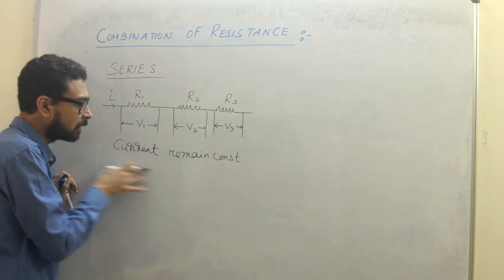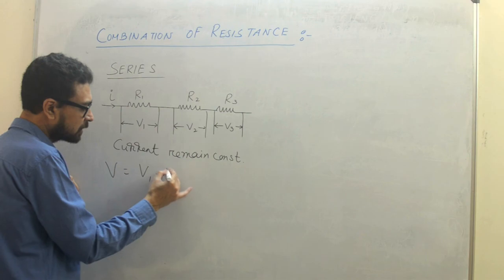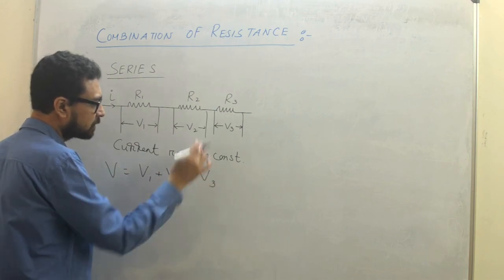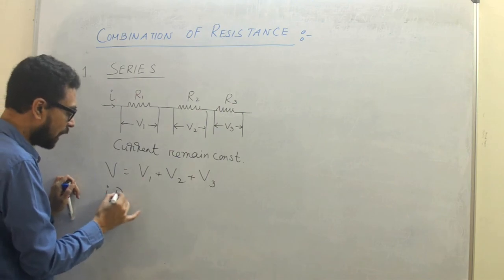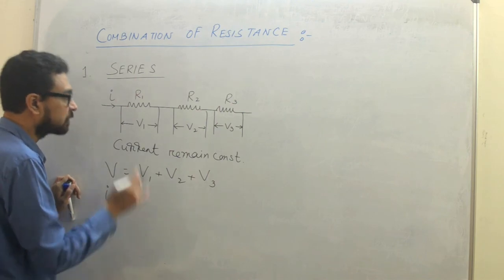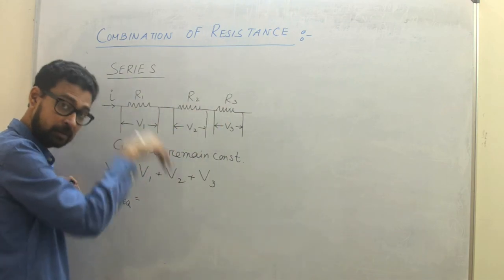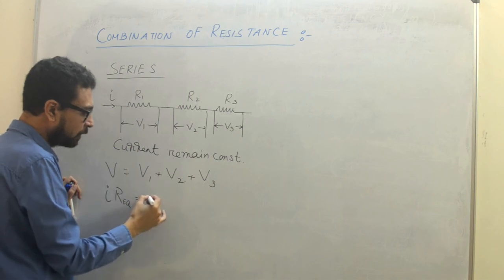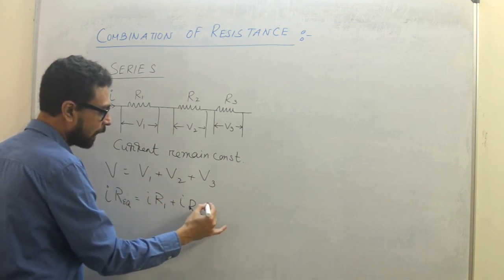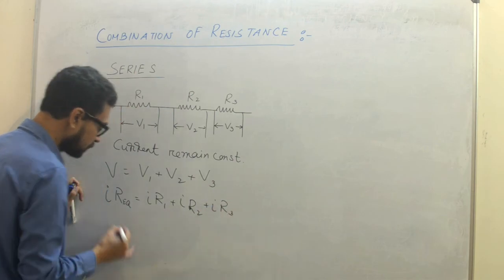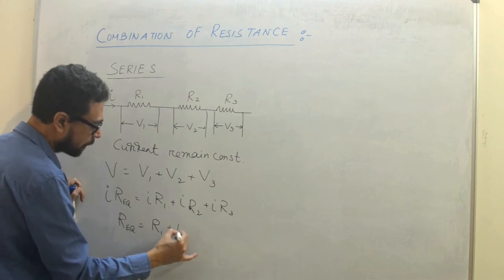So the total potential V is the sum of all three potential drops, and V is equal to I into R equivalent, the equivalent resistance of the three resistances. V1 equals I R1, V2 equals I R2, and V3 equals I R3.